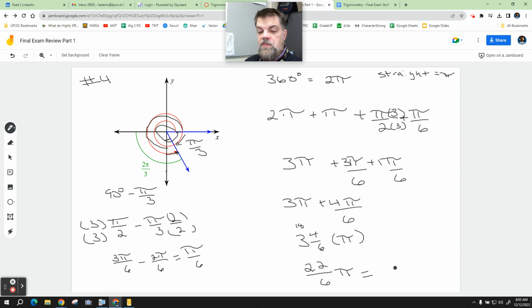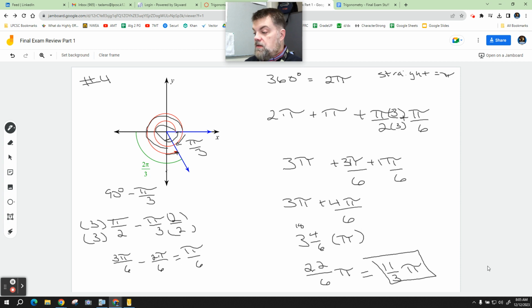But that can be reduced if I divide the top and bottom by 2. I get 11 over 3 pi. That one's a little trickier.